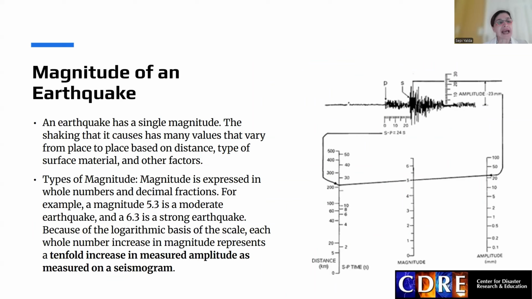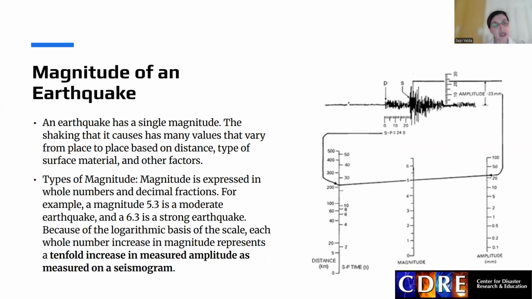We typically think about the magnitude of an earthquake. You probably have heard this. I mentioned this quite a bit when we were talking about, for example, reverse faults along those convergent boundaries, which would give us those very strong earthquakes of magnitude 8 or higher. Magnitude is usually expressed in whole numbers, and it varies because the shaking that is caused and the measurement of it depends on lots of things: distance, type, and surface materials and other factors.